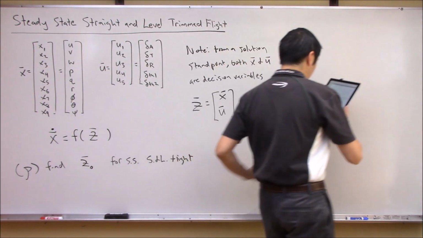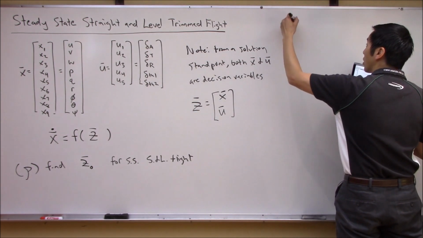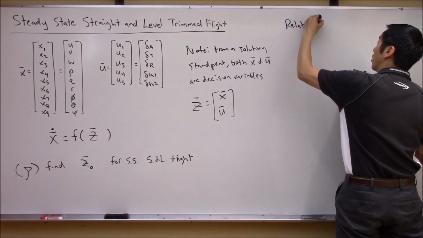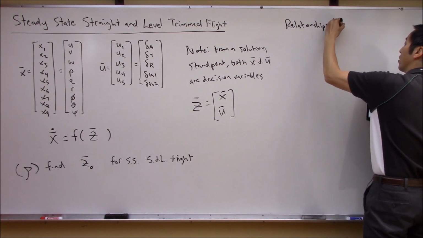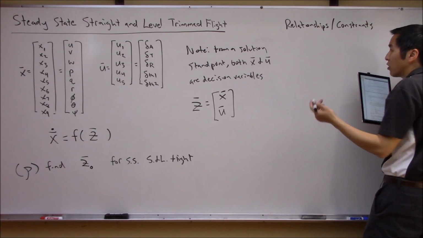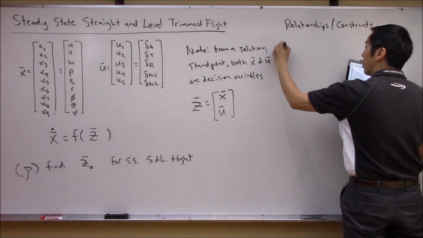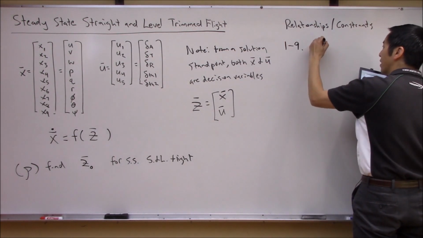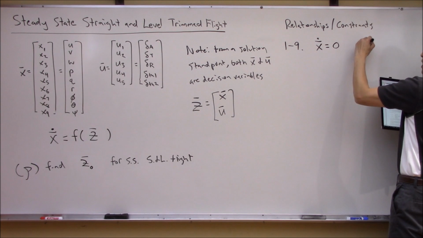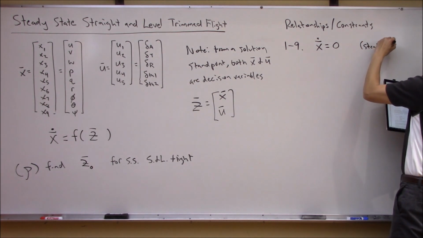So let's write that down right now. Let's call these relationships, or later we're going to see these turn into constraints, however you want to think of them, or equations, right? Equations 1 through 9 are basically x dot is equal to 0. This is the steady state constraint.